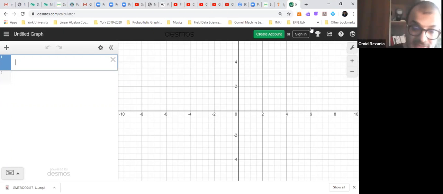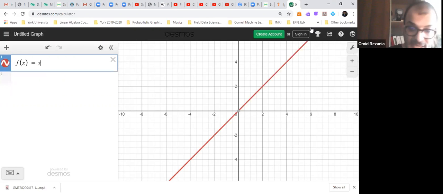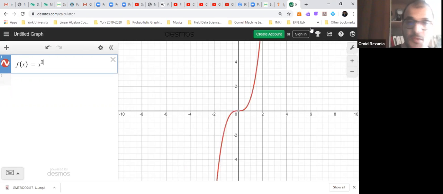I'm just going to plot this function, f of x equals x cubed. Look at this function, guys. This point, 0, 0, is the point of symmetry for the odd function.